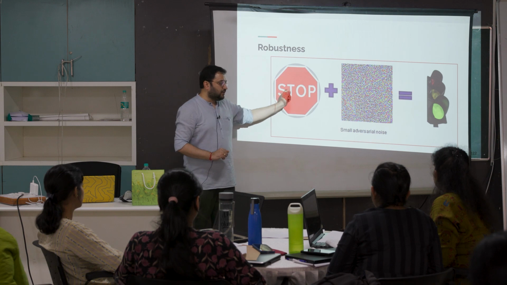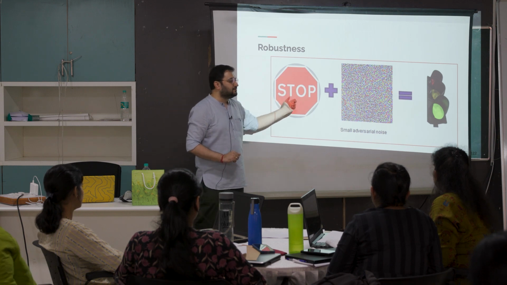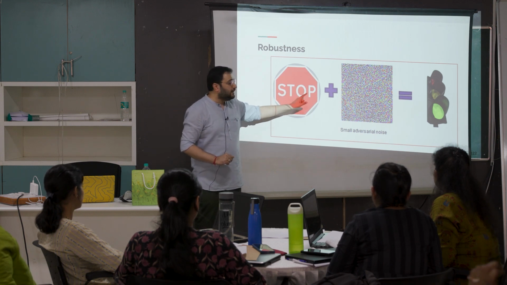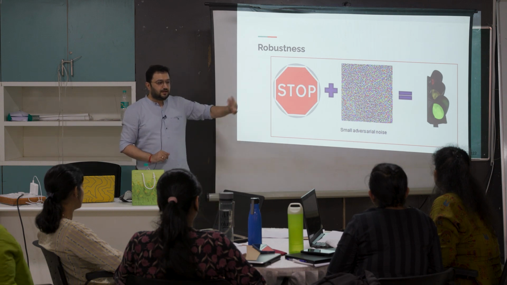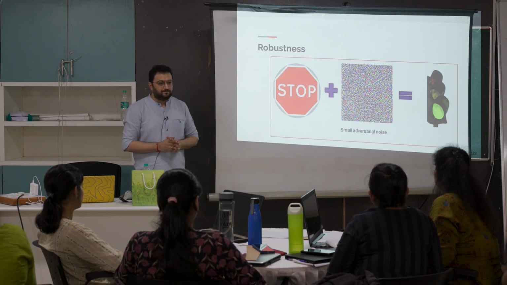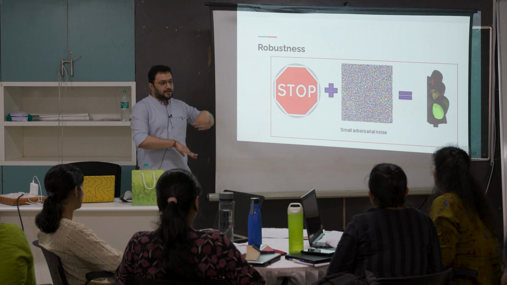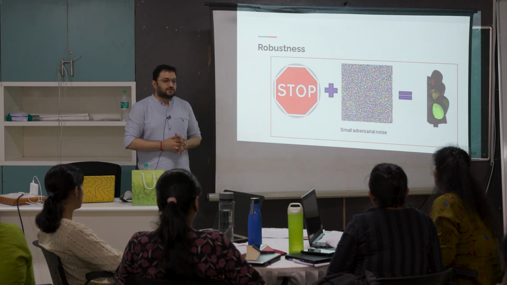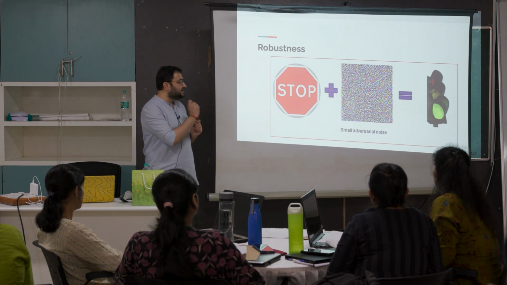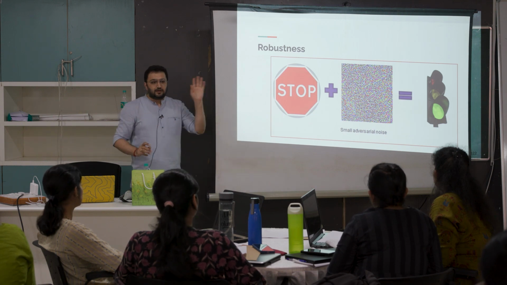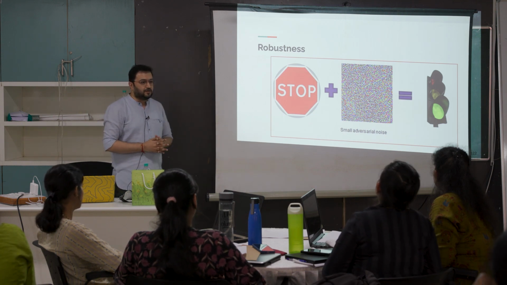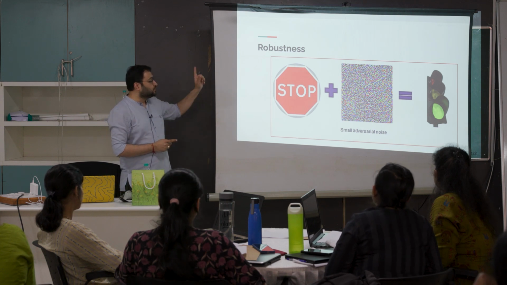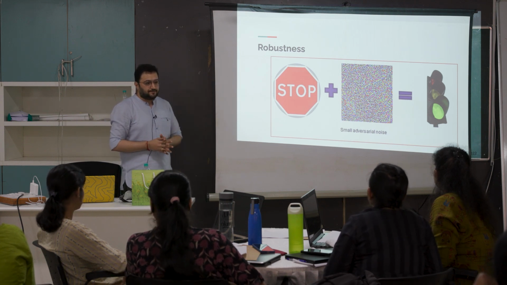Suppose I introduce some noise and now my system, though it looks like a stop sign, recognizes it as a go sign. These are the new types of cyber attacks that are being tried with AI systems now. You can just introduce some noise and probably try to get the system to give a completely different output. So you have to check for robustness of the AI systems.